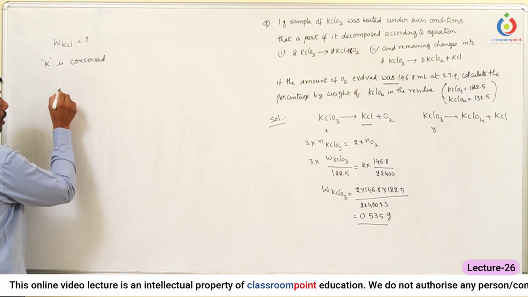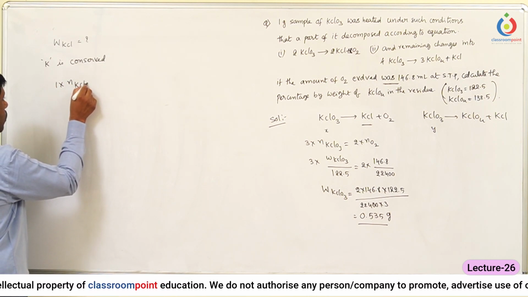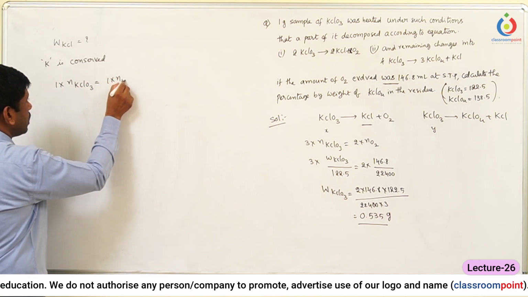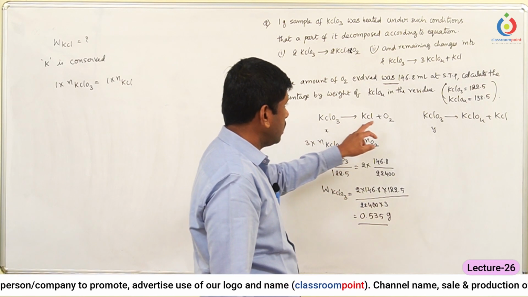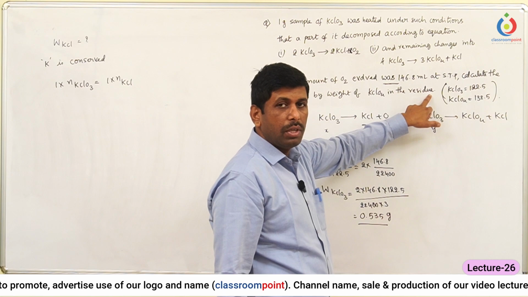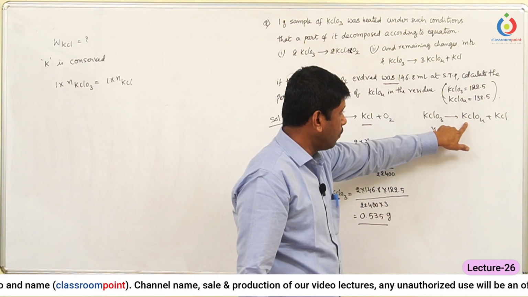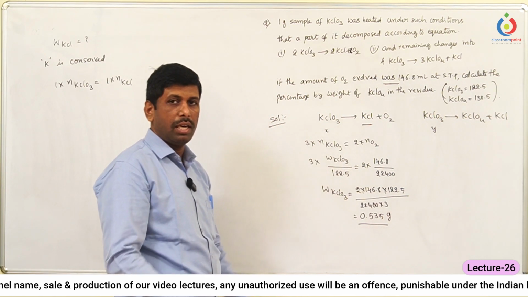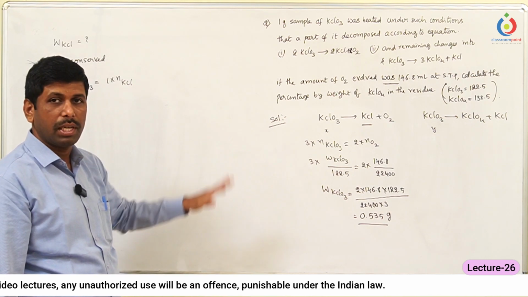Here one potassium is present, so 1 into number of moles of KClO3 equals 1 into number of moles of KCl. You may ask, what is the need to calculate the KCl? Because they finally asked for the residue. In the residue, oxygen will not be present. In the residue, KClO4 and KCl will be present, so we have to calculate the mass of the solid compounds in the residue. Then only can the percentage be calculated.